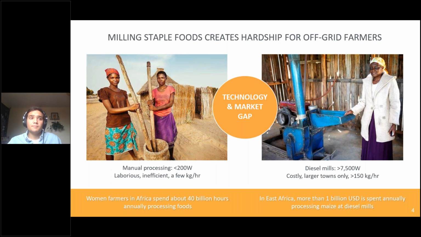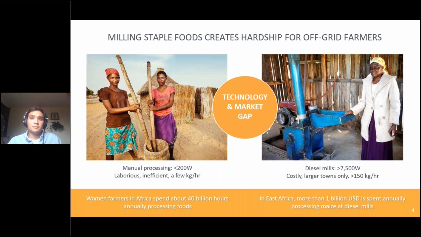Just a couple of stats there down the bottom of that slide. The responsibility for milling is always with women. Sometimes they outsource that to their children, but there's a huge hardship accessing milling technologies in off-grid areas.